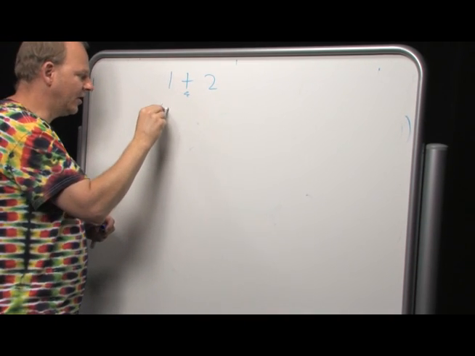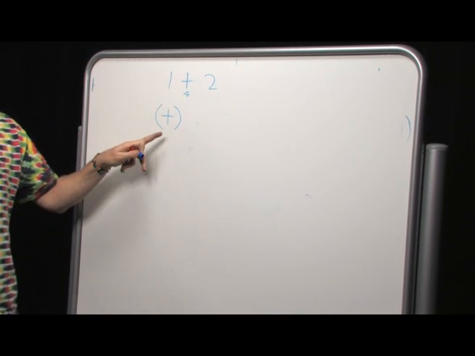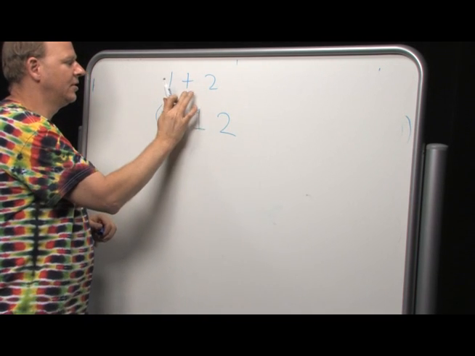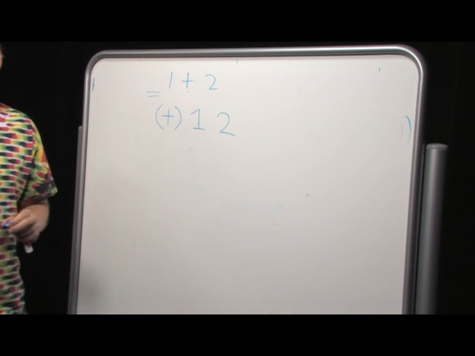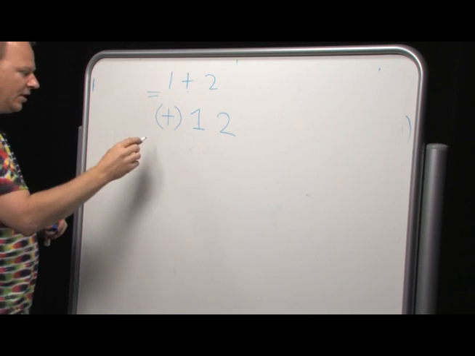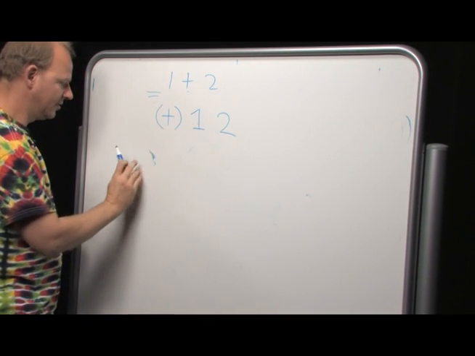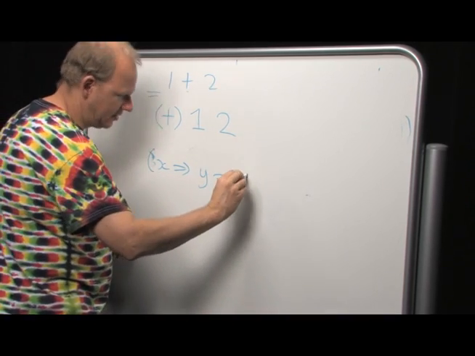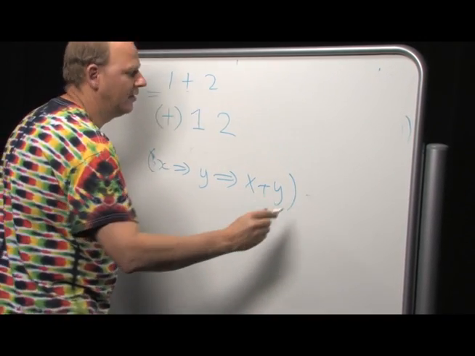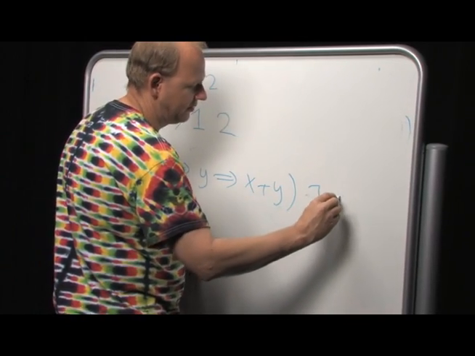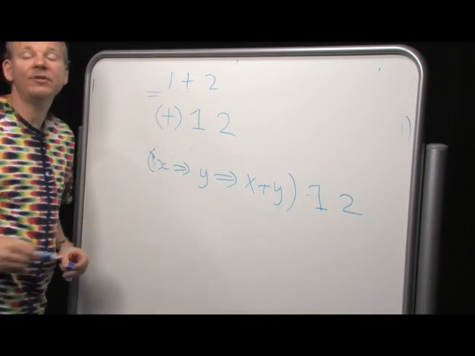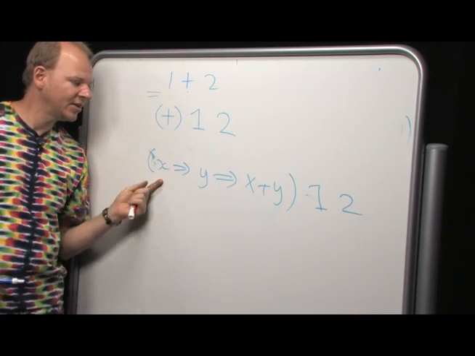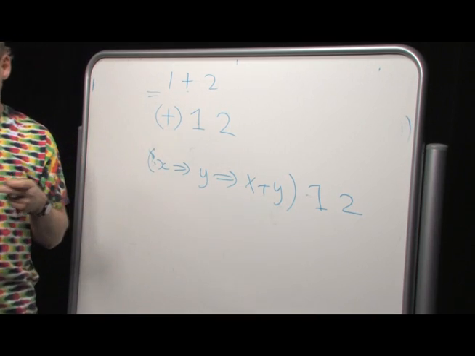If I put parens around the plus, suddenly it's become a function that I can apply to 1 and 2. If I would do this in C#, I would have to write x arrow, y arrow, x plus y, applied to 1, 2. So I would be forced to write a lambda expression that gives names to the parameters in order to use that thing as a function.